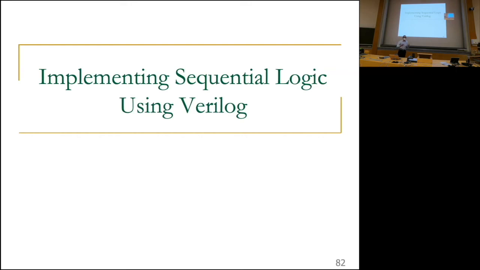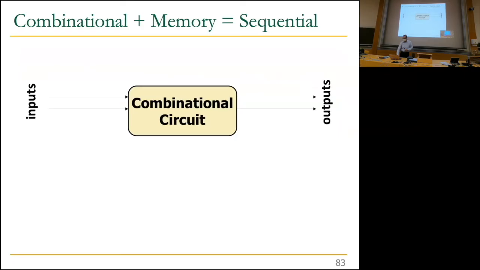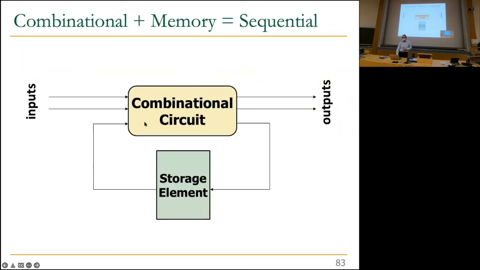Okay, so let's now jump into describing sequential logic, because clearly you cannot build systems without sequential logic, and sequential logic is certainly interesting, right? And Verilog provides specialized way of specifying sequential logic also. So, okay, what is sequential logic? Just to jog your memory, you have some combinational circuit that evaluates the outputs as well as the next state.